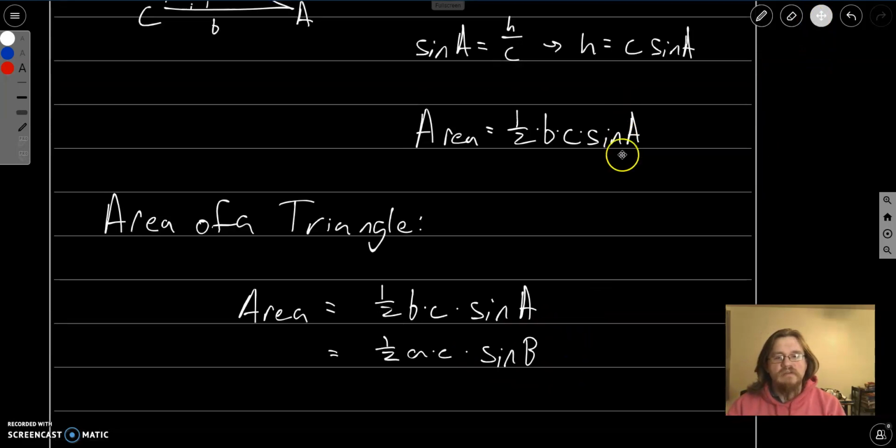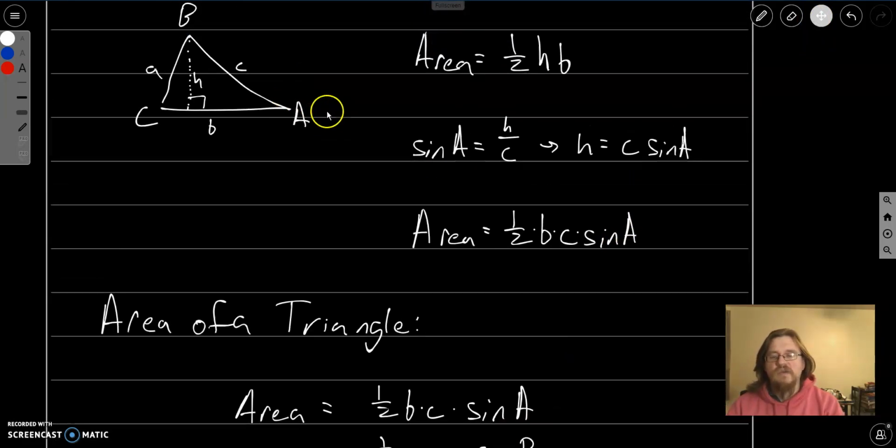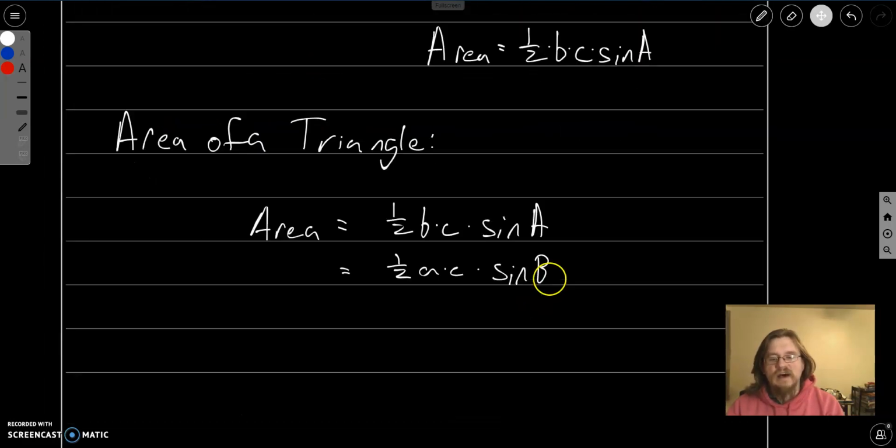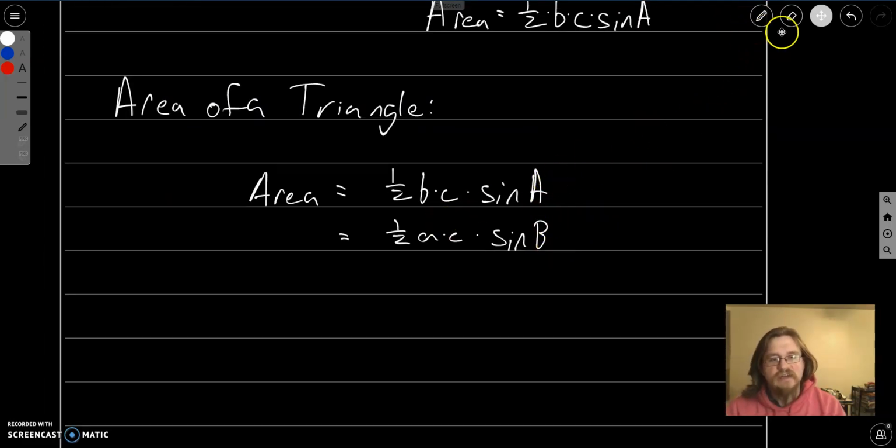It didn't really matter. We could label this however we wanted to. I could switch all the a's with b's, for instance, and all the c's with a's. The labels don't matter as long as it's the two different sides with the third angle.